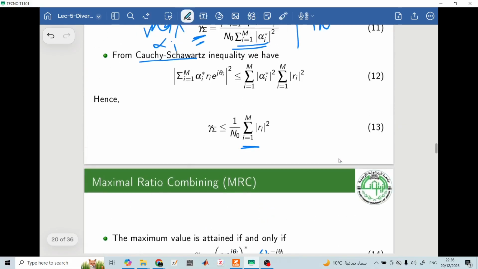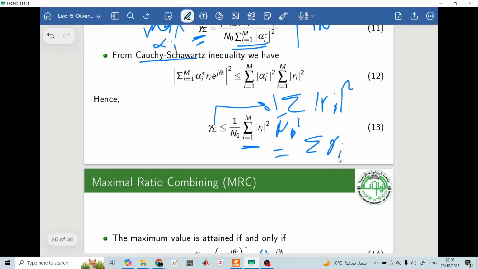Which is this, right? So when using MRC, gamma becomes this, 1 over N0, which is the noise spectral density, and you sum the R_i squares. So actually you sum the SNRs. So this is an important result.